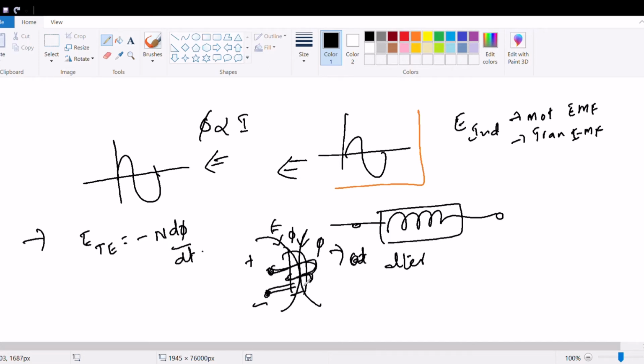This conductor has an EMF induced across it if alternating flux cuts through it. It's just the reverse of what we have learned till now.